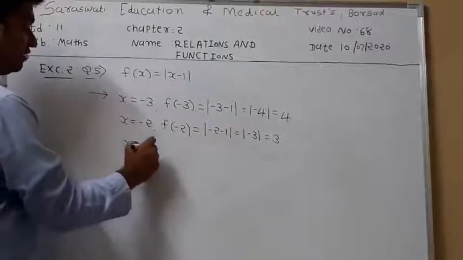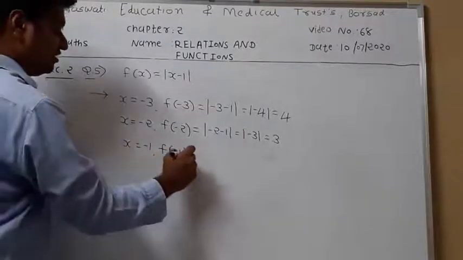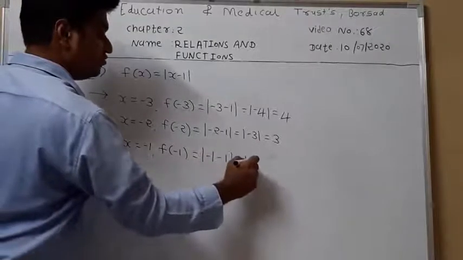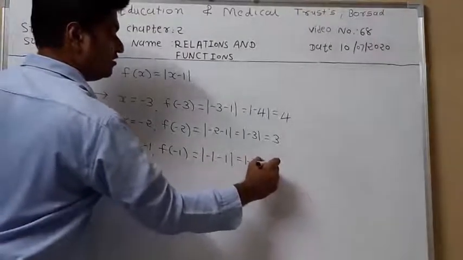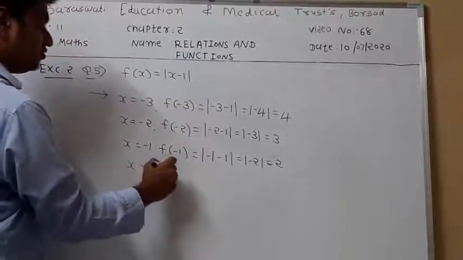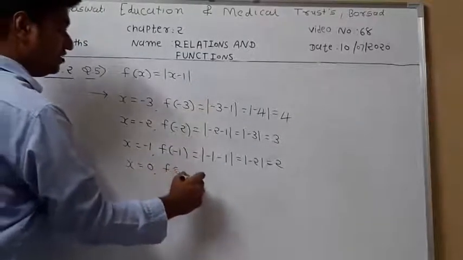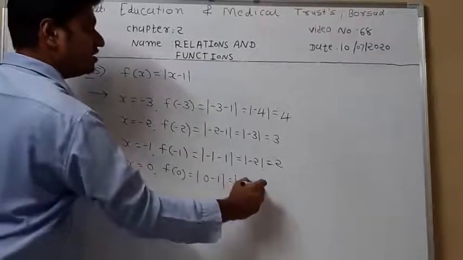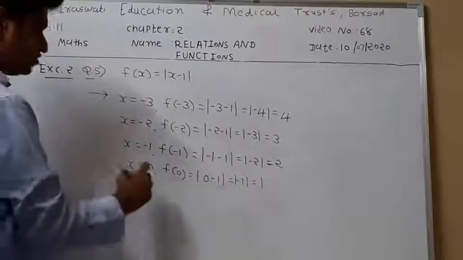X is equal to minus 1, so f of minus 1 is equal to modulus of minus 1 minus 1, that means modulus of minus 2, that means 2. X is equal to 0, so f of 0 is modulus of 0 minus 1, that means modulus of minus 1, so we get plus 1.